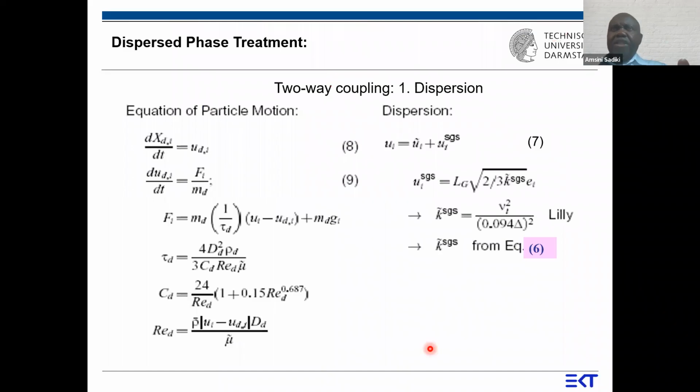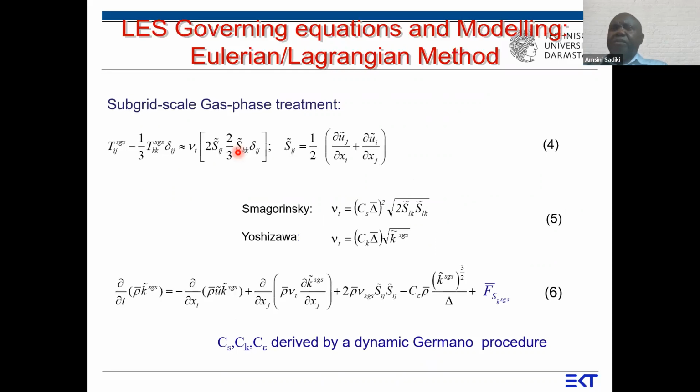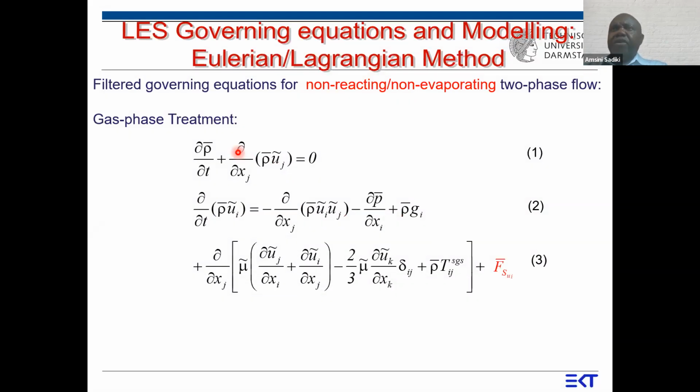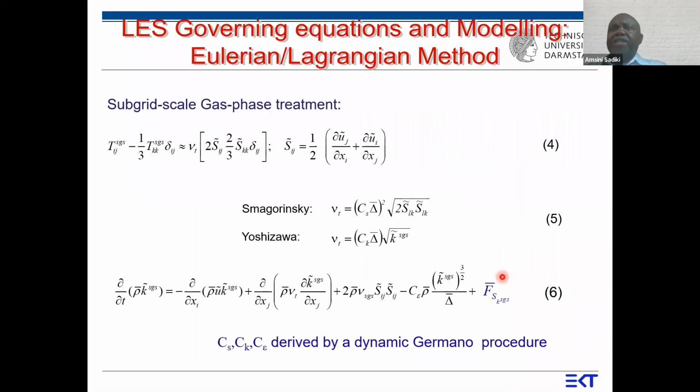So let's now see the two-way coupling. Why is it two-way coupling? Because we have here the effect of the fluid flow on the dispersed flow through this drag force, and we have the effect of the momentum of the particles on the Eulerian phase in the momentum equation, and here in the K epsilon, in the subgrid scale turbulent kinetic energy equation.